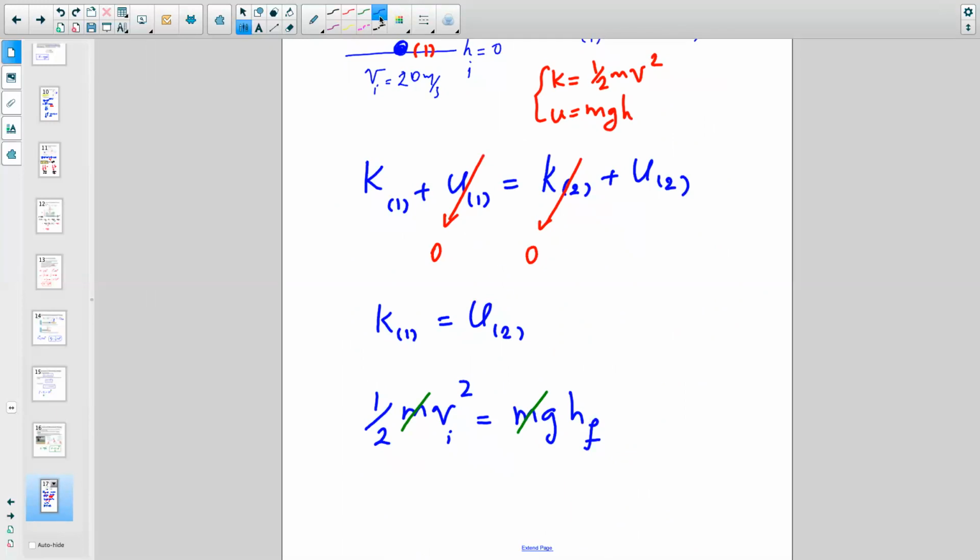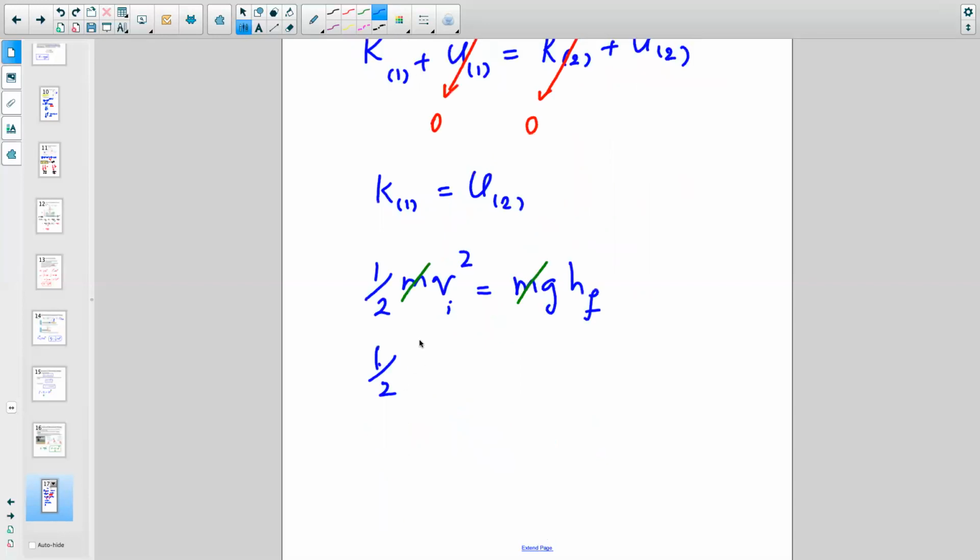So I have half v initial squared. I believe it was 20 meters per second, and I have to square it. G is 9.81 and h final is unknown.